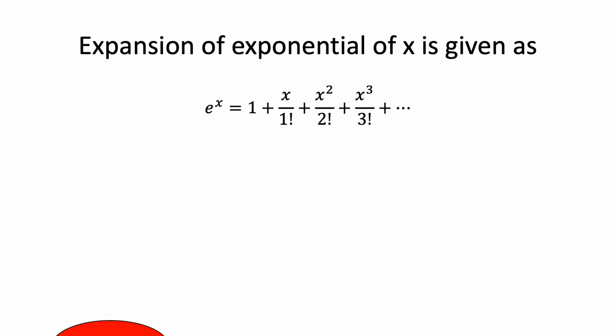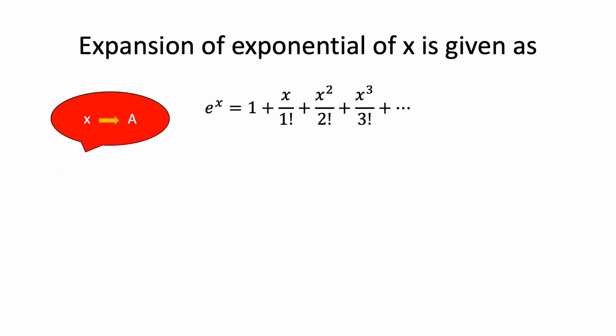First of all, I would like to tell you the formula for the expansion of e to the power x. e to the power x is basically 1 plus x upon 1 factorial plus x square upon 2 factorial and so on. This is the common thing.